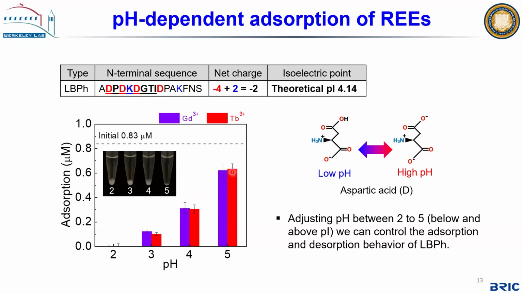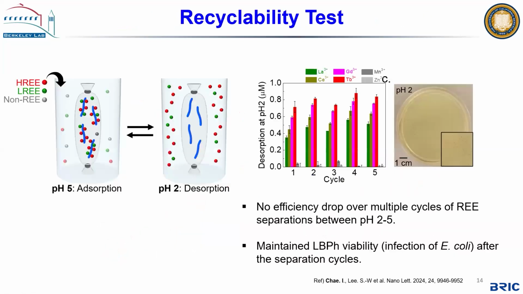Okay, at pH 5, a large amount of the REs were bound. And by decreasing the pH, the bound REs were removed from the surface. So using this pH modulation effect, we could demonstrate adsorption and desorption in multiple cycles using our newly created virus. At pH 5, like I said, because of the negative charge and the inserted peptide, the heavy REs were bound more than the light REs inside the dialysis tube.